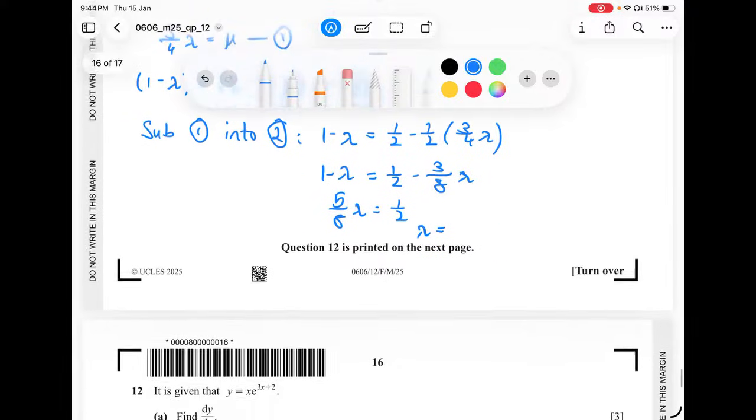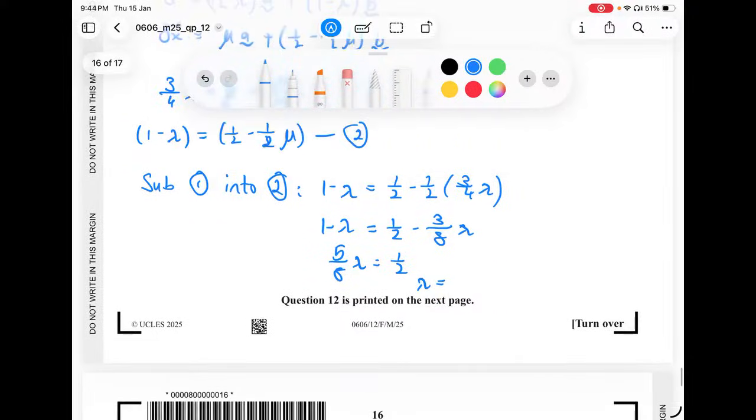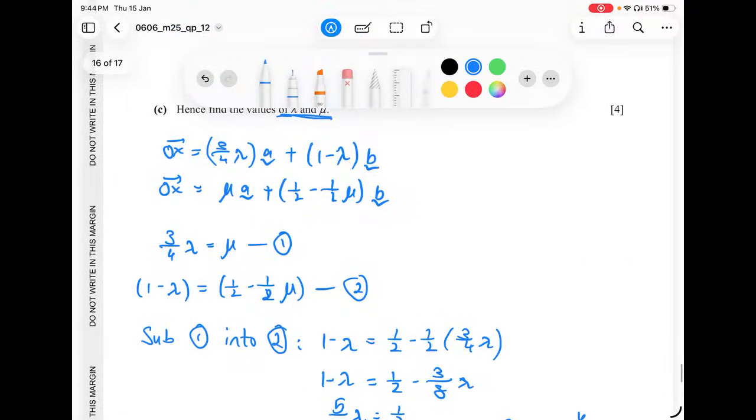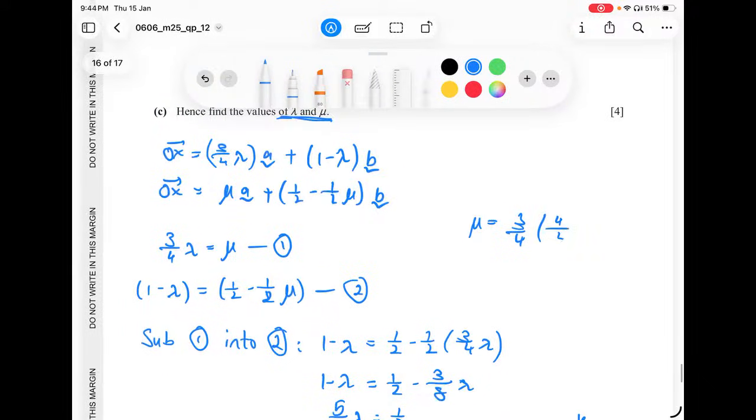Lambda is going to be equal to half divided by 5 by 8, which is going to be half times 8 by 5, which is 4 by 5. So lambda is 4 by 5. Now you just substitute lambda into equation 1 and mu would be 3 by 4 times 4 by 5, which is going to be 3 by 5.